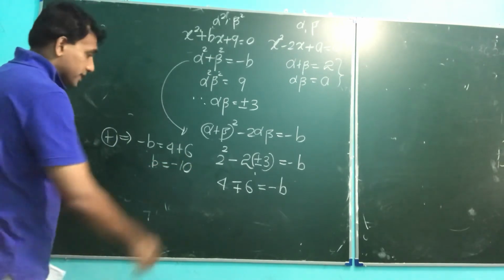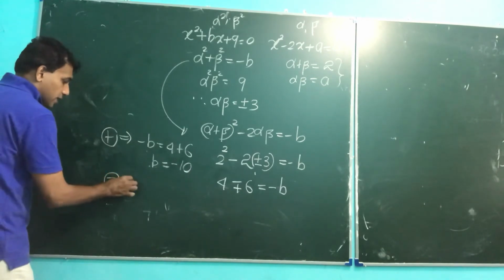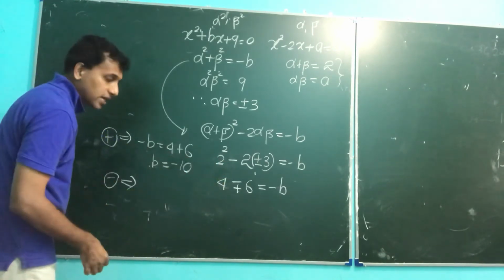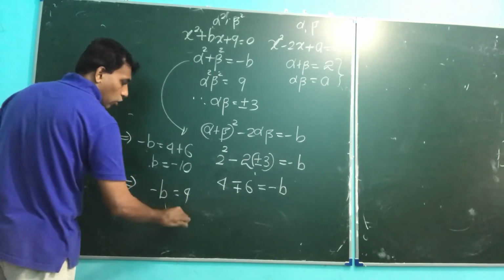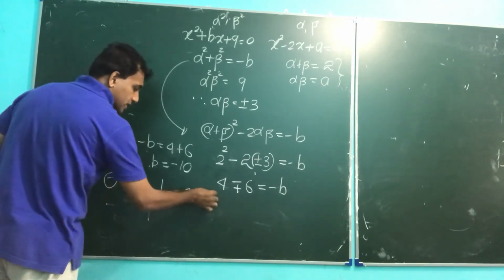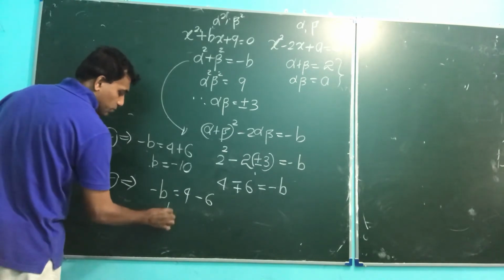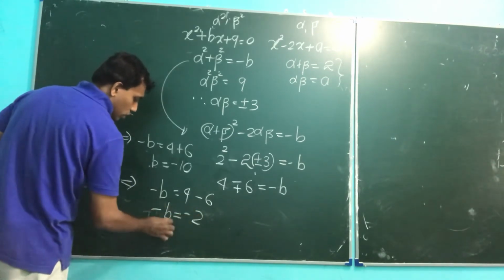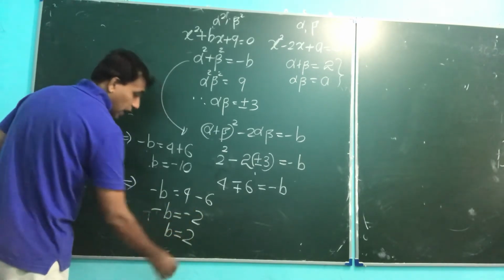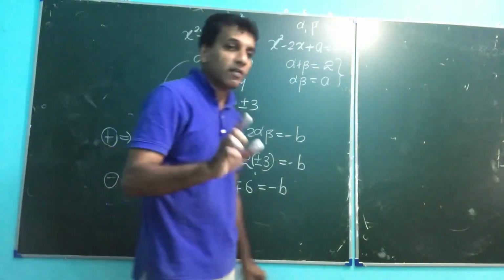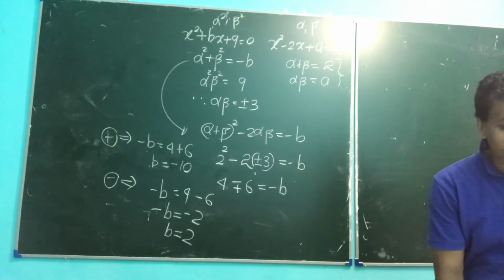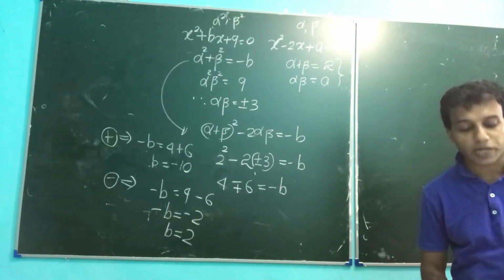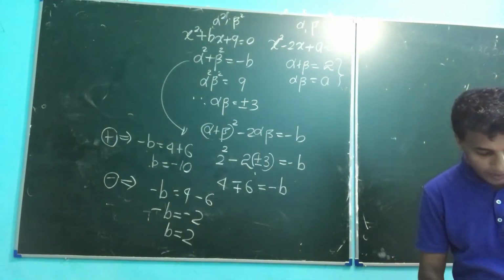Okay, take the minus answer: minus b equals 4 minus 6, so minus b equals minus 2. That's the answer they asked. Find the values of b. There are 2 values available here, right?